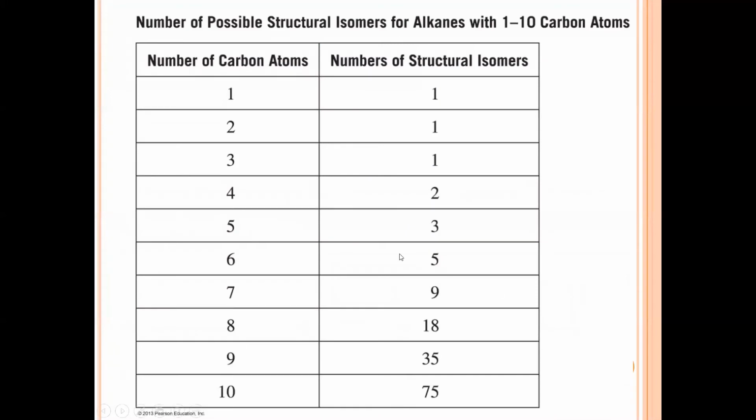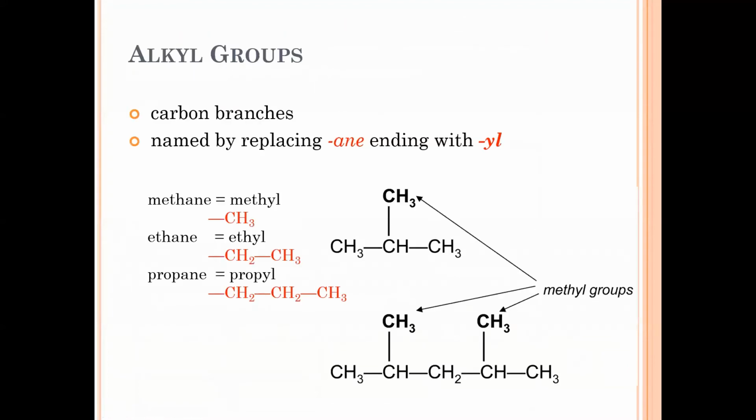This just shows you the number of structural isomers that are available. There are none for methane, ethane, and propane, but the minute we get to 4, 5, 6, 7, 8, and we're going up to 10, for decane, there are a total of 75 structural isomers that we can make of it. It becomes exponential, okay? The more and more carbons we get, the more and more possibilities we can have for structures.